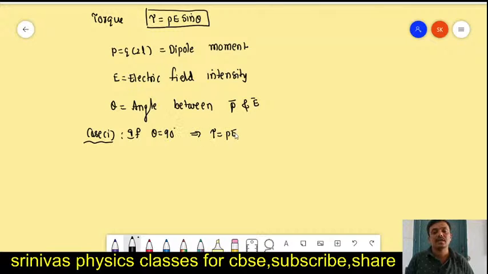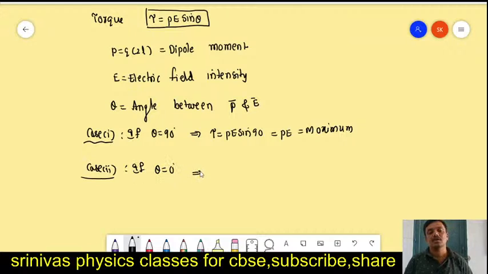PE sin 90 gives PE, that is the maximum torque. If theta is 0, then tau is equal to PE sin 0. Sin 0 value is 0, so we get 0. This is the minimum torque.